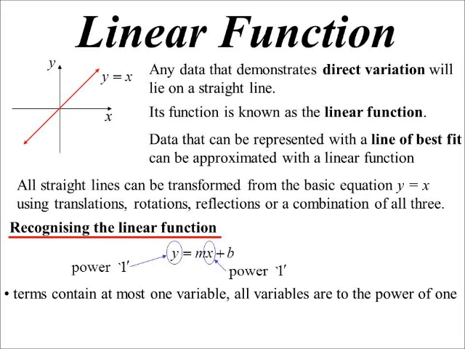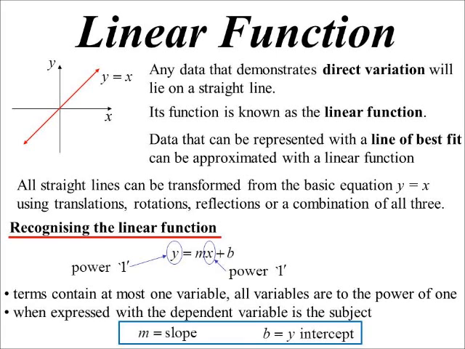So, terms that contain at most one variable, and all the variables are to the power of 1, when expressed with the dependent variable as the subject. So when we have it as y equals mx plus b, we've made y the subject, then we know that the slope of the graph will be the coefficient of x, and we know the y-intercept would be the b. So that's our linear function.